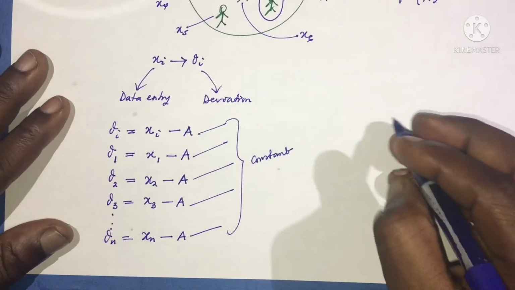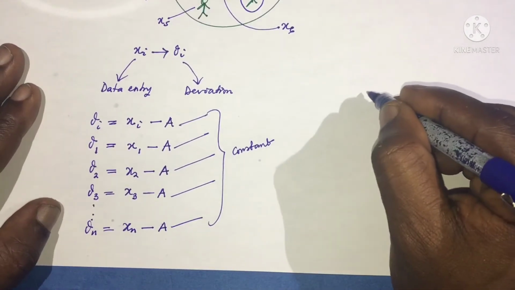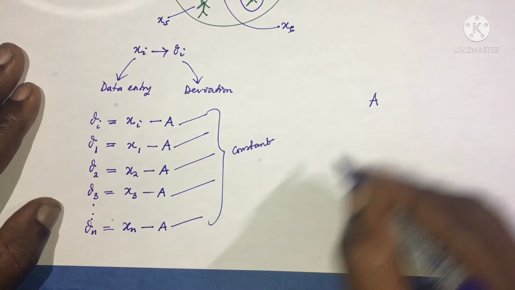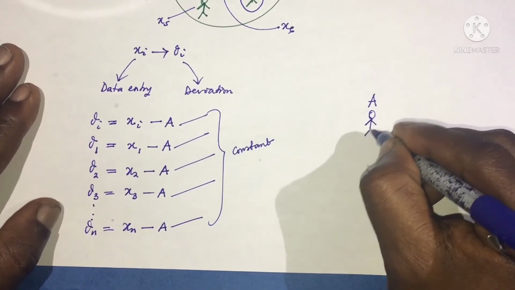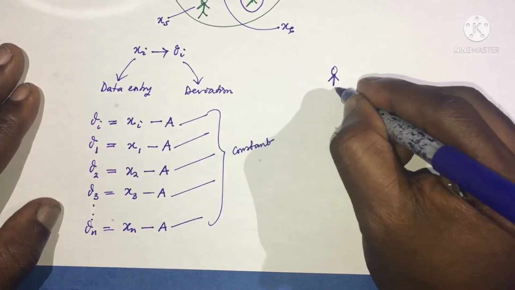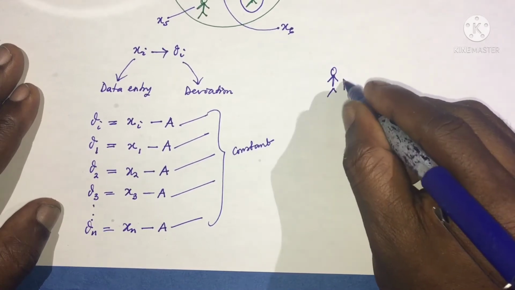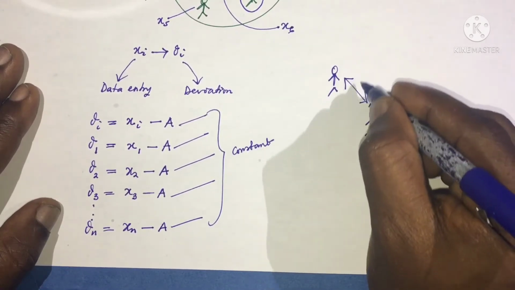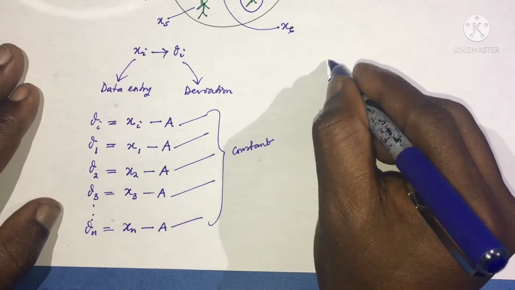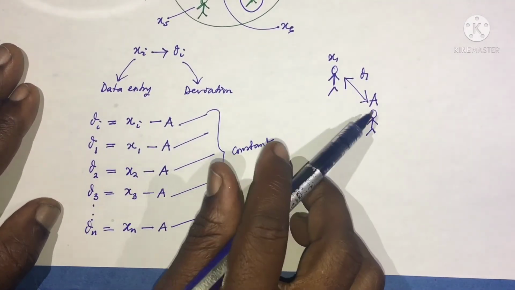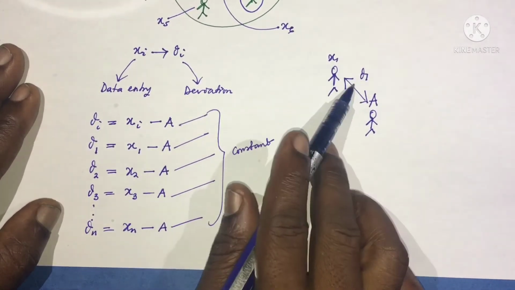So what we end up having is, say, the assumed class rep here and every other person in the data set. If this is d1, the gap between this will be d1 and this will be x1. So the gap between a and x1 is d1.